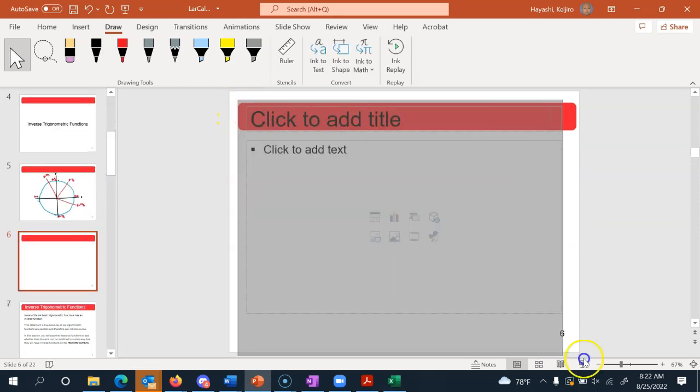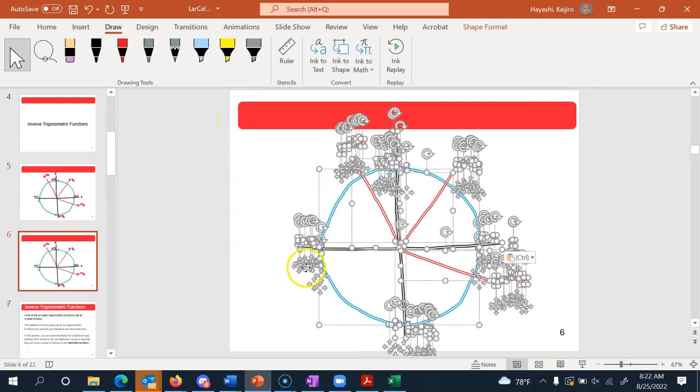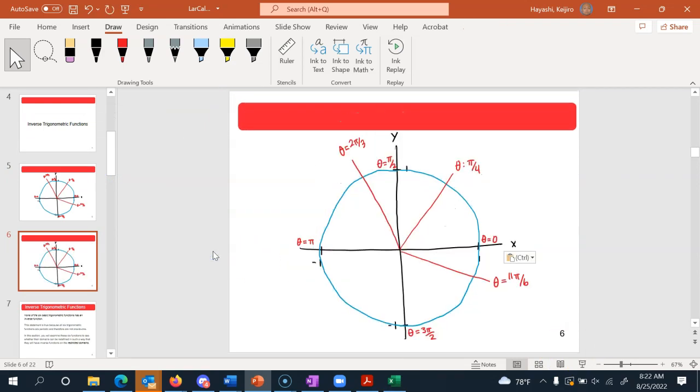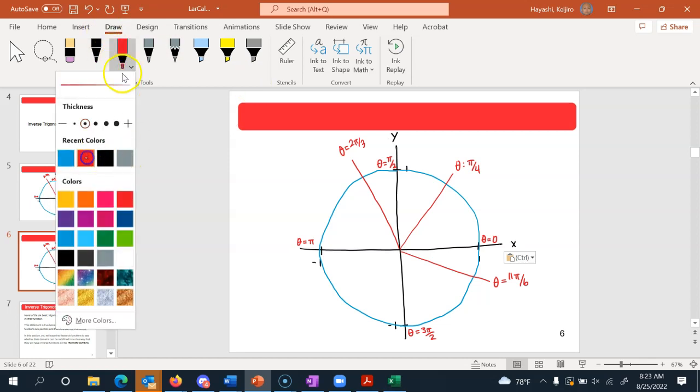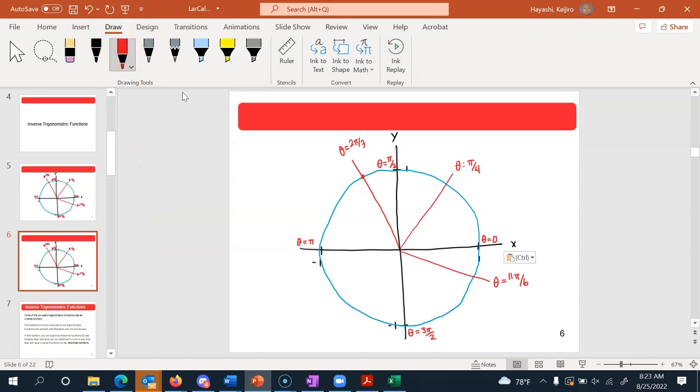Now, in terms of trigonometric functions, the trigonometric functions, like sine, cosine, and tangent, are all just about reading these points on the unit circle where an angle terminates, or where an angle intersects with the unit circle.